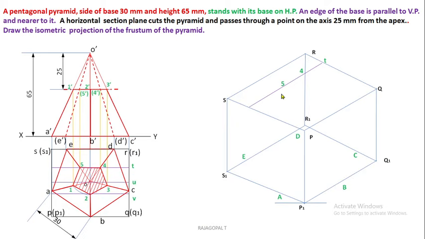Before that, since the T line is completed, we know where 4 and 5 are. From T, what is the distance of 4? You can measure using a scale, convert into isometric scale and draw 4 here. In the same T line we have 5. Measure the distance from T, convert into isometric scale and mark 5 here.